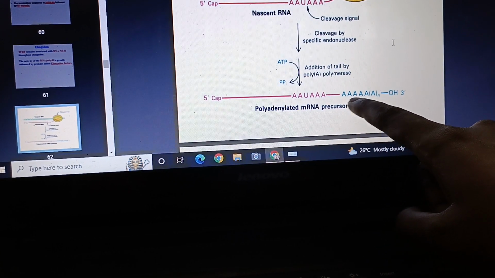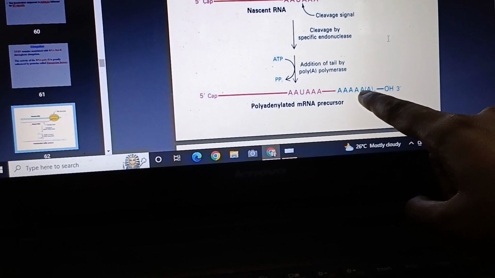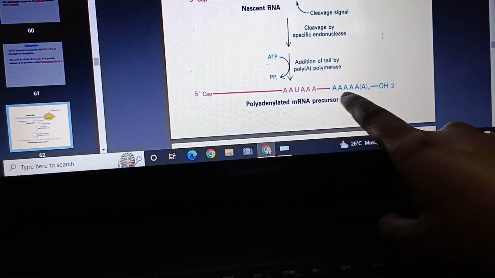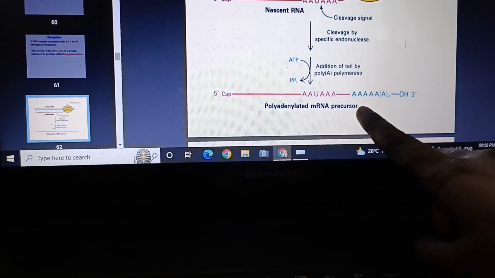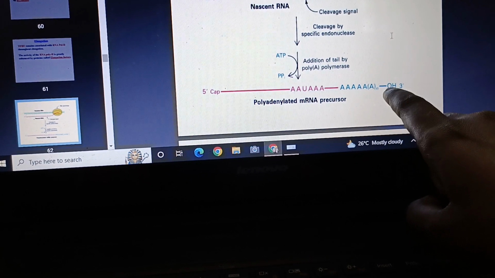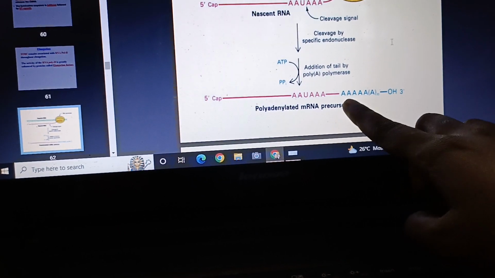This is n numbers. Numerous adenines will be added in this process. So that is why it is called a polyadenylated mRNA precursor. Precursor means this is not a whole mRNA. Before the whole mRNA is synthesized, this is called a precursor.